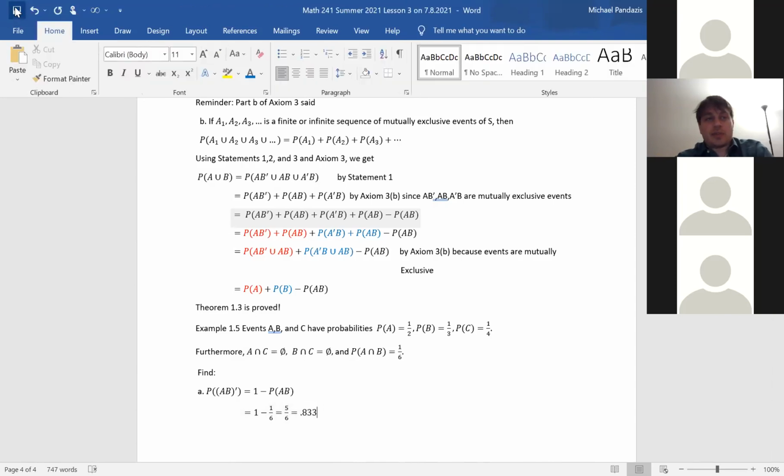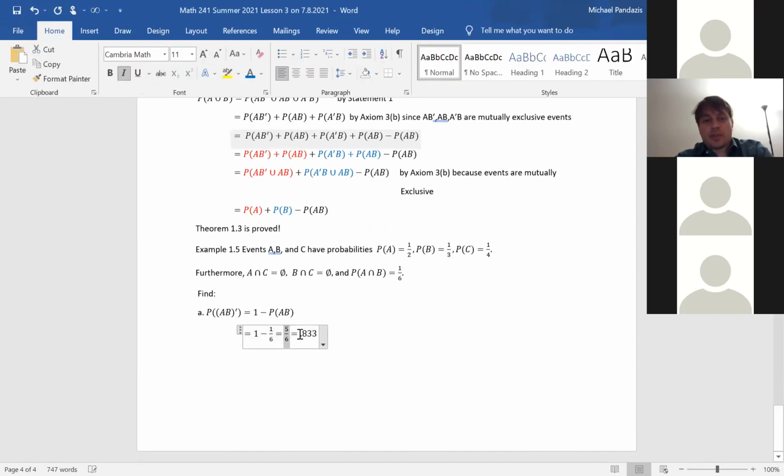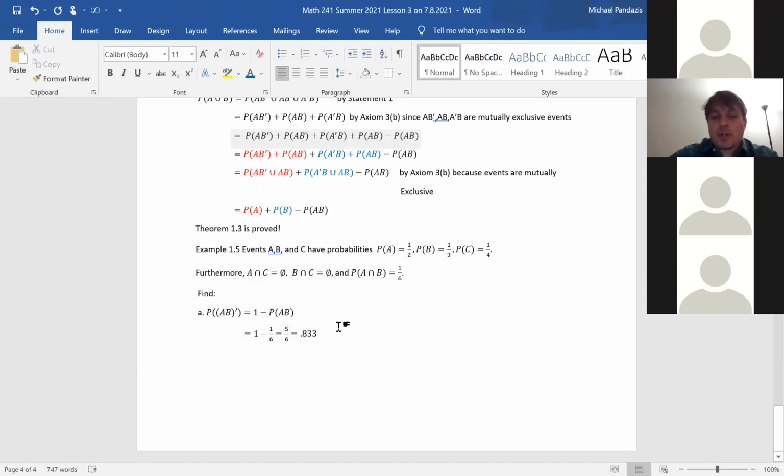I like fractions more because fractions are more illustrative of a number than decimals. With 5/6, you visualize what 5/6 is. You don't really visualize what 0.833 is. 1/6 is 0.1666, so I just did 1 minus 0.166 and got 0.833.